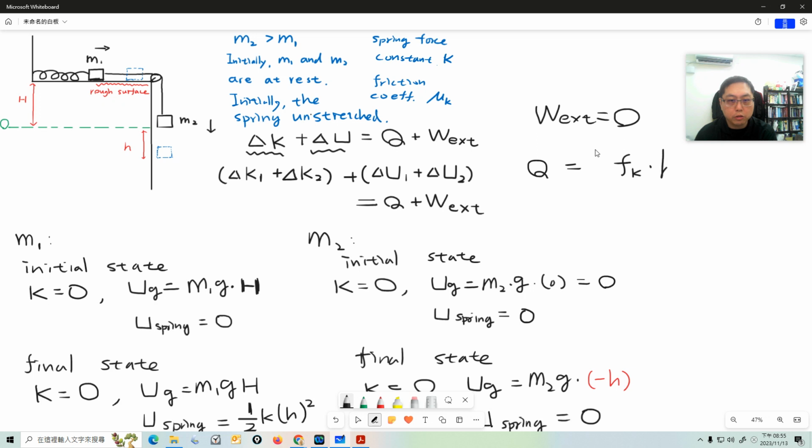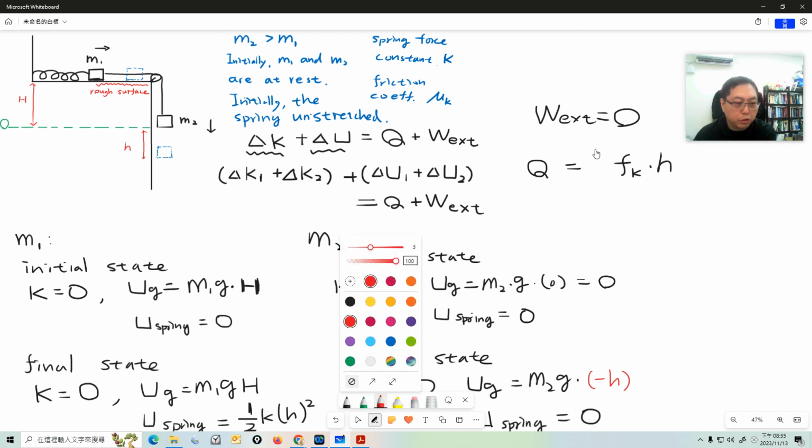Friction is always opposite the moving direction and is only related to the distance, with no direction issue, so it's always h. And because friction generates heat, in my convention, generating heat means it generates heat to the outside.